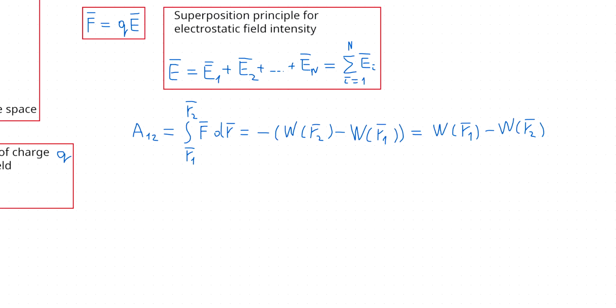So from here we can write that work of force of electrostatic interaction can always be written as charge Q multiplied by the linear integral from R1 to R2 of electrostatic field intensity dr, and this will be equal to Q multiplied by phi in point R1 minus phi in point R2.